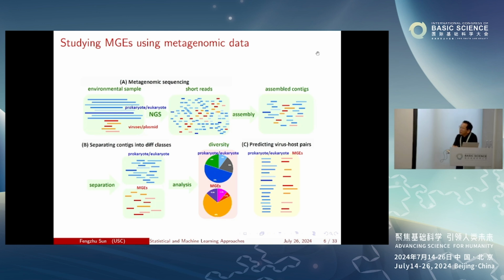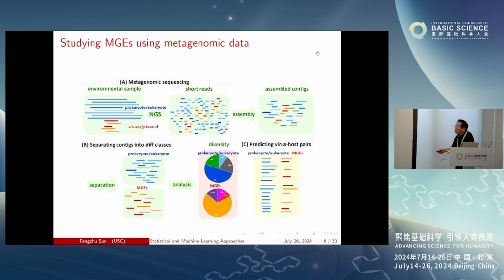Here, these are in the environment sample. You can think about, we have a variety of different microbes, including those prokaryote and eukaryote, and their genome sizes are much longer. But we don't know them, okay?